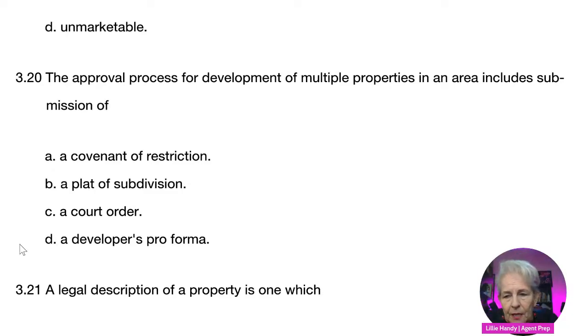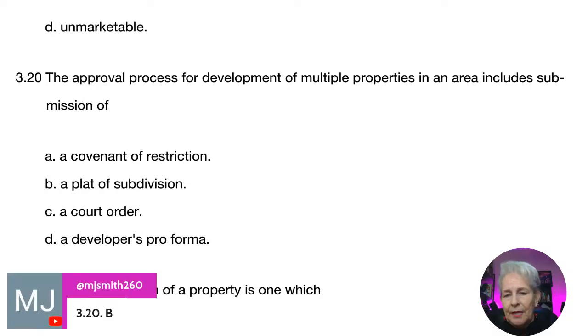So what do you think you need? To have multiple properties in an area, include submission of, in a development, right? Yes. The answer is B, a plat of subdivision.